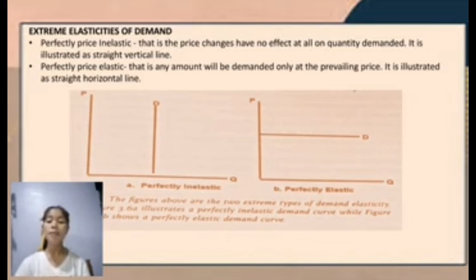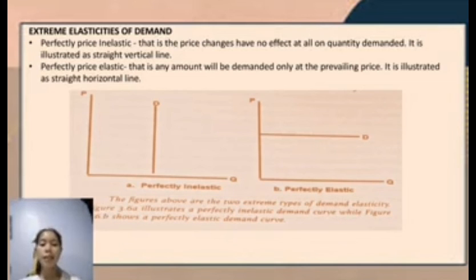Because if the price increases by even a minuscule amount or very small percentage, consumers will no longer purchase the goods. That's why the demand is a horizontal line. Perfectly elastic demand is when the quantity demanded changes, increase or decrease, even when there is a small change in price. This means that the quantity demanded is as price sensitive as possible.